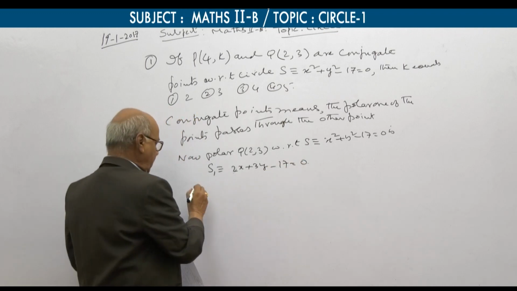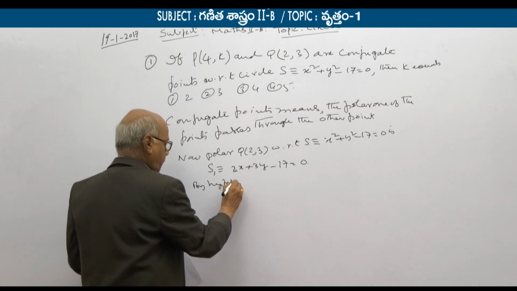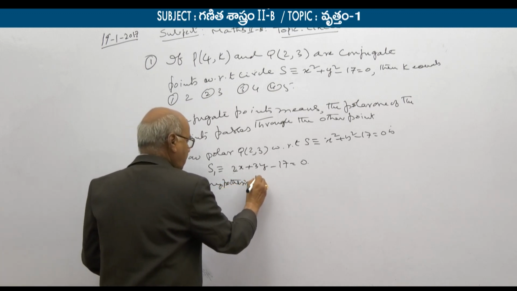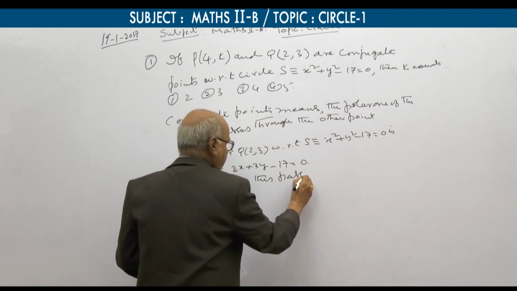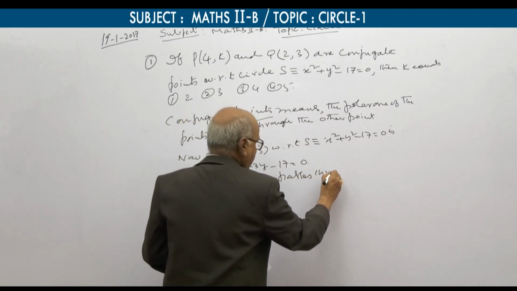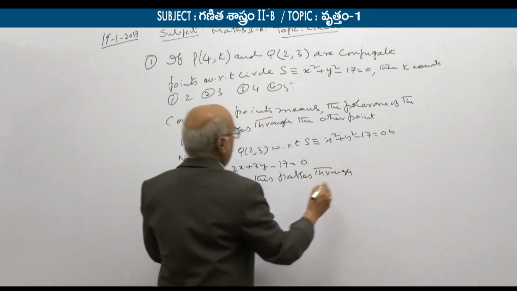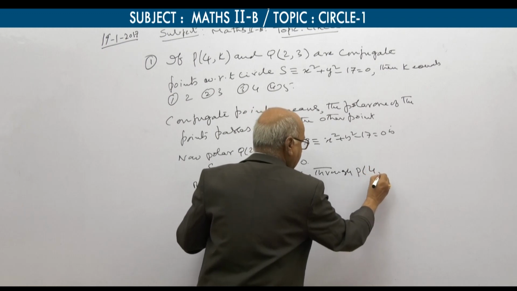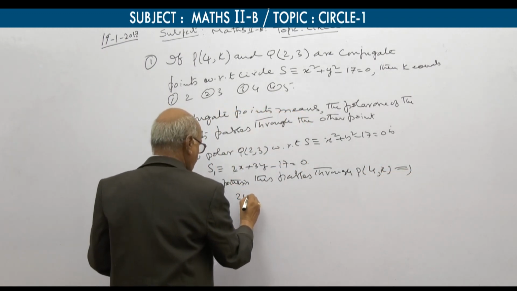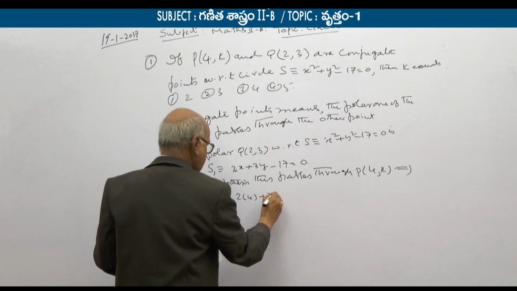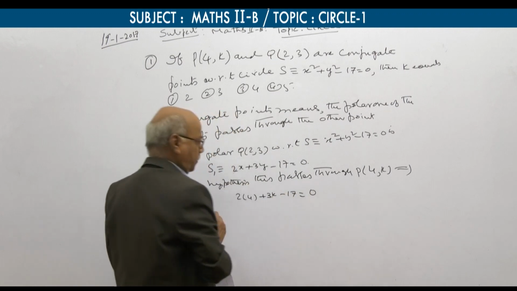Now by hypothesis, this passes through P(4, k), which implies 2 into 4 plus 3k minus 17 is equal to 0.